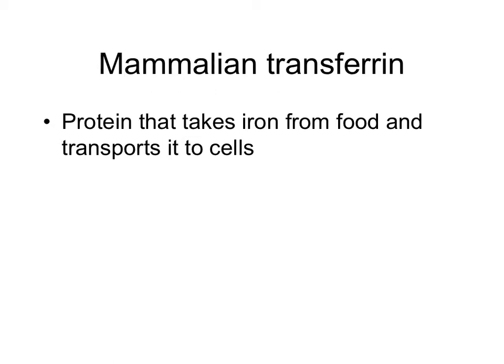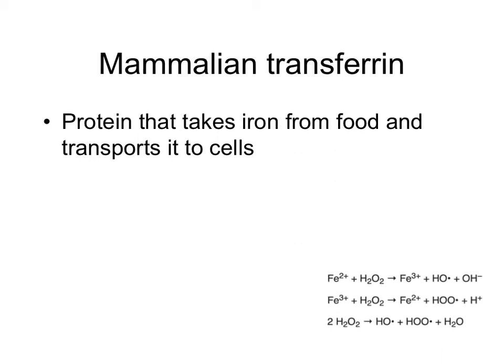Okay, so let's look at mammalian transferrin. When you eat a food that contains iron, we don't want that iron to be lost. We want to absorb that iron. And there's all sorts of machinery that's been evolved to take care of this. But we don't want iron just floating around in our bodies. Iron, too, can react with peroxides and other species present in the body to make these highly reactive oxygen species that I've already mentioned.